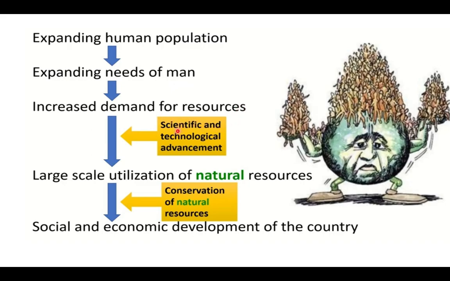Not only that, our scientific as well as technological advancement is there. Even though the population is increasing, technologically and scientifically we are in an advanced form. And due to the increase in population, we are using the resources in a large quantity. That's why large scale utilization of natural resources is going on.